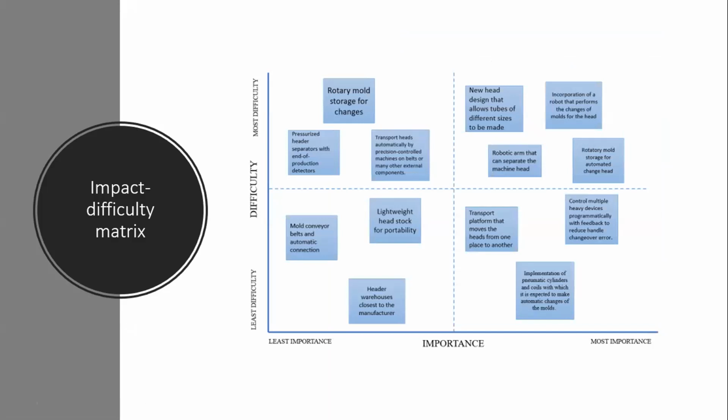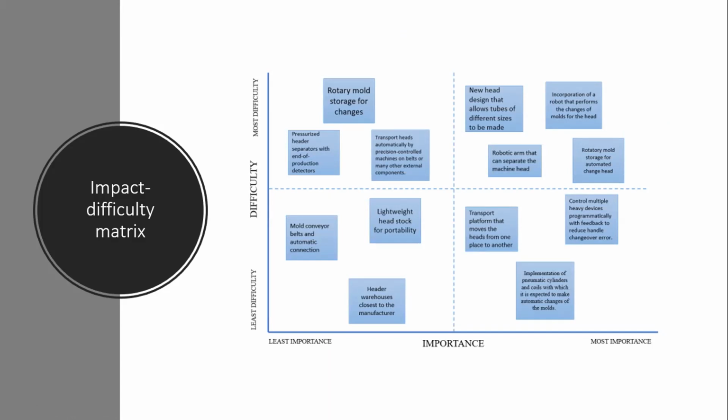For the impact difficulty matrix, it can be concluded that the most important aspects for the company are to increase production and look for a way to save capital without affecting the quality of production, in order to meet market demand. This is the most important and least difficult section, so we chose to implement control of multiple devices with programming and feedback to reduce head change-over errors.